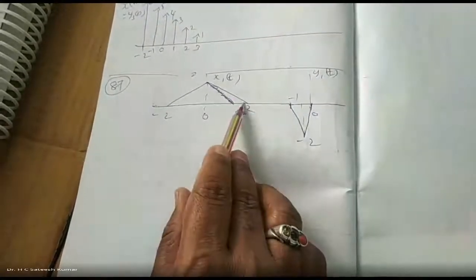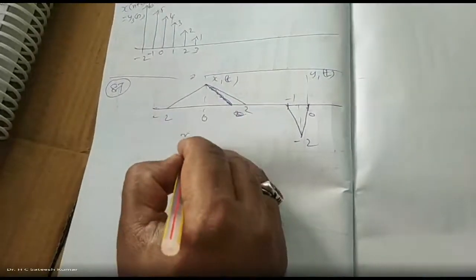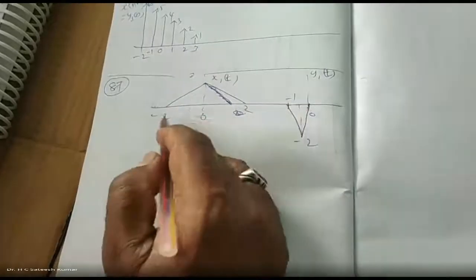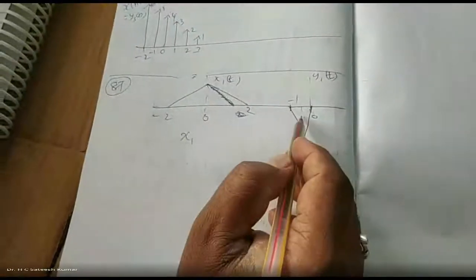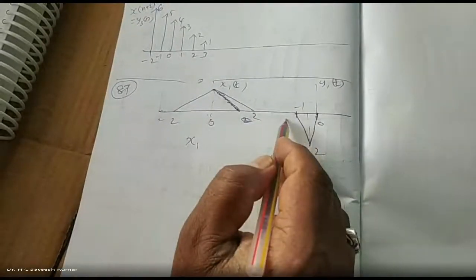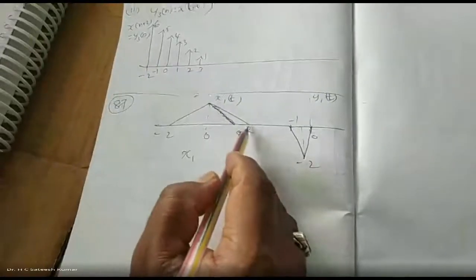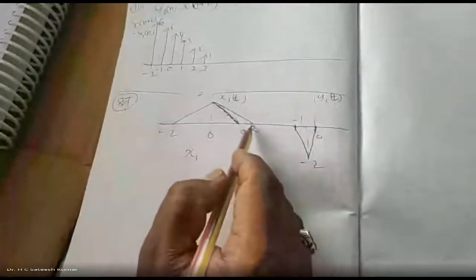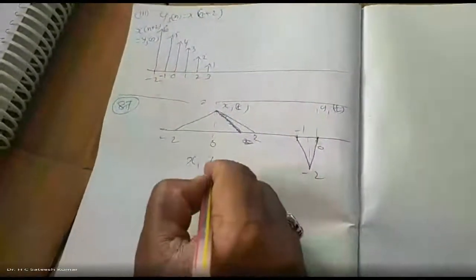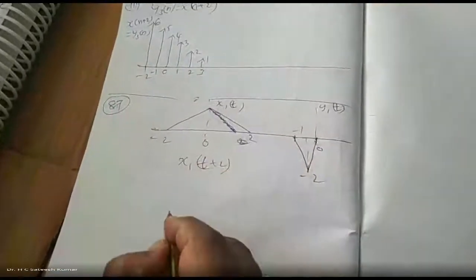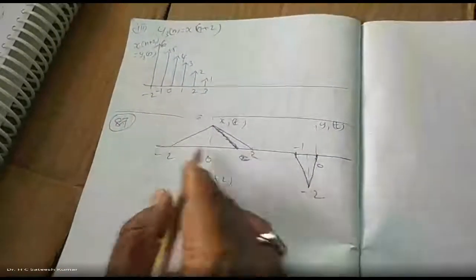So what you should do is find x1 of... If you want to get this signal, what operation should I do? Shift this signal by 2 units. So x1 of t plus 2, shift left by 2 units.